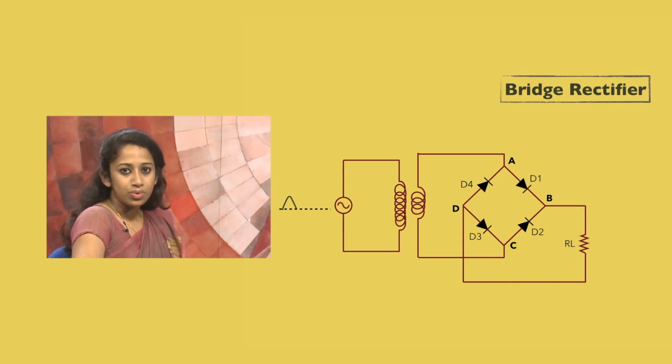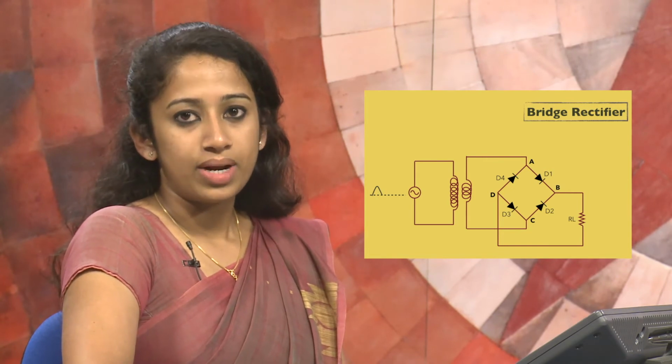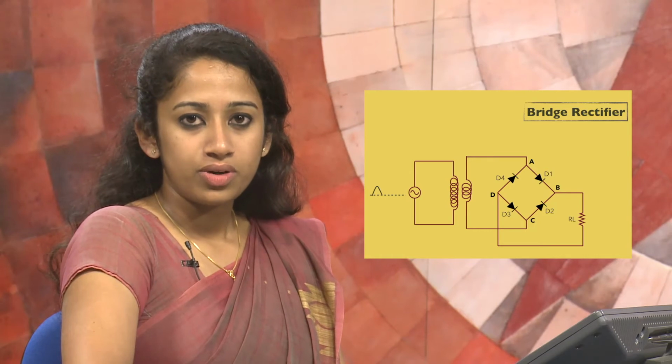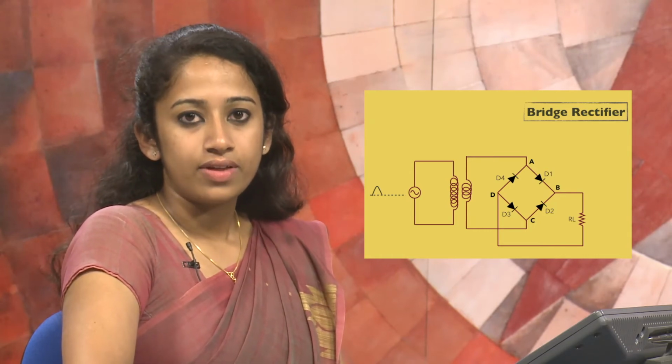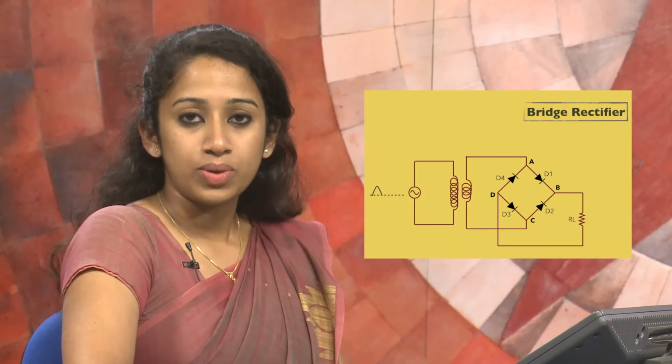The diodes D1 and D3 are forward biased and operate as a closed switch. Similarly, because of the positive voltage applied to the N side of the diodes D2 and D4 and the negative voltage applied to the P side, the diodes D2 and D4 are reverse biased and will not conduct.